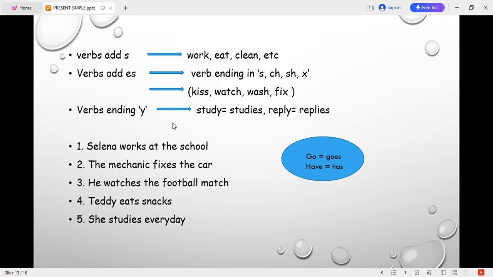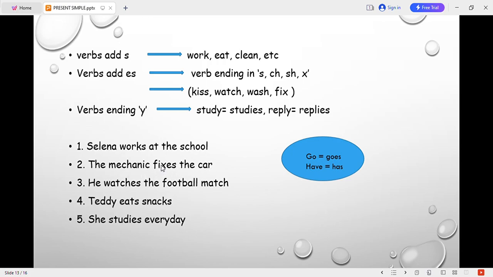For example, number 2, the mechanic fixes the car. The mechanic, how many mechanics here? One or many? One. So you have to put es. The mechanic fixes the car.